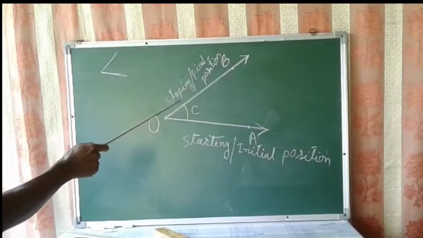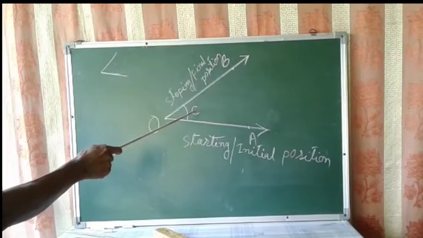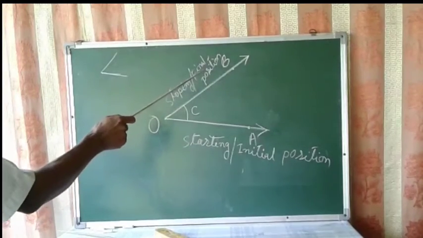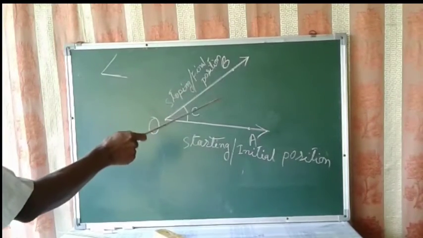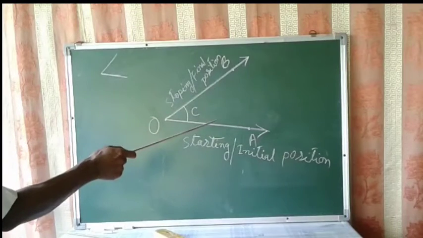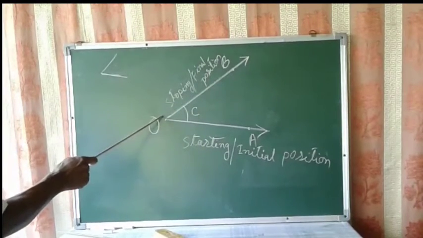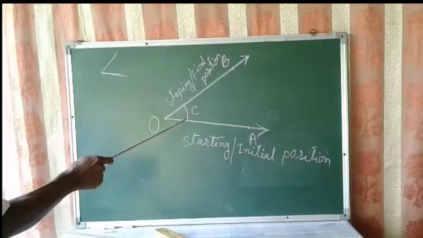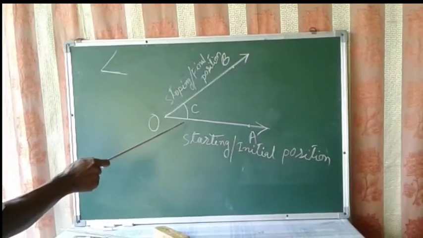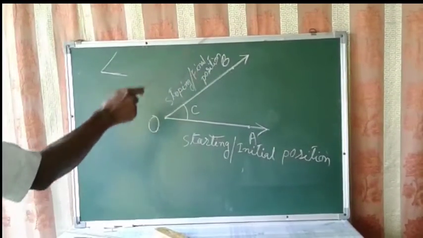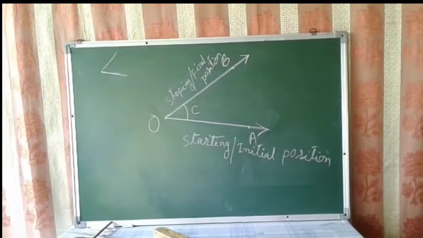Then we observe that an angle AOB is described by a rotating ray with O as vertex and its arms OA and OB.